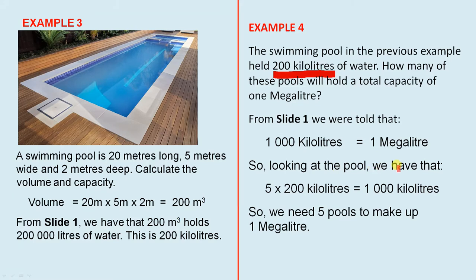So, looking at the pool, we have 5 times 200 kilolitres, because remember, the pool held 200 kilolitres, so 5 of those pools will give you 1,000 kilolitres. So we need 5 pools to make up 1 megalitre.